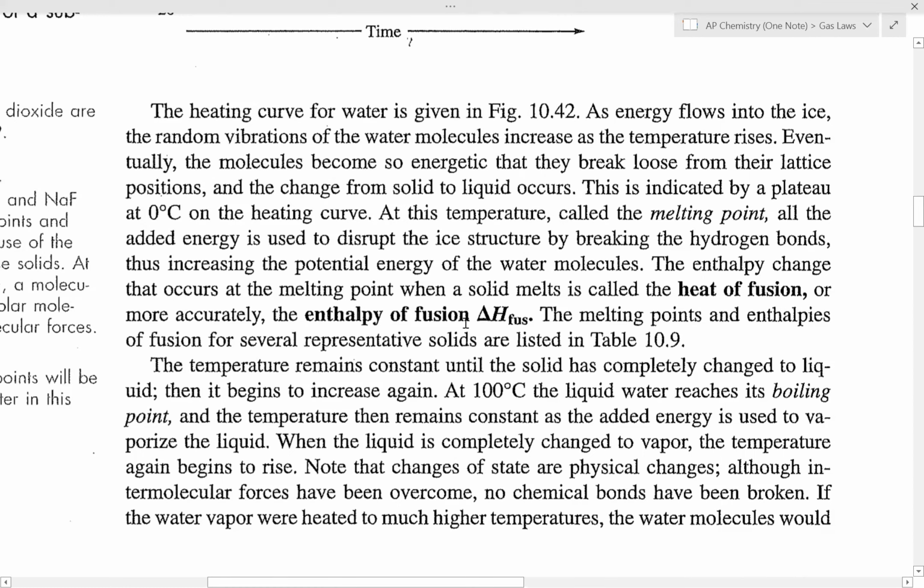Or more accurately, the enthalpy of fusion, or delta H fusion. So the amount of energy required for a phase change, in this case for ice to turn from solid ice to liquid water, is called the enthalpy of fusion.